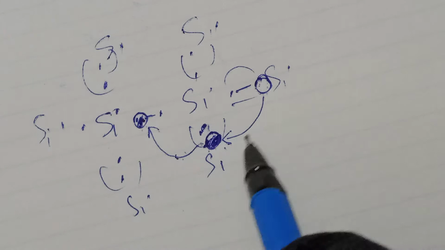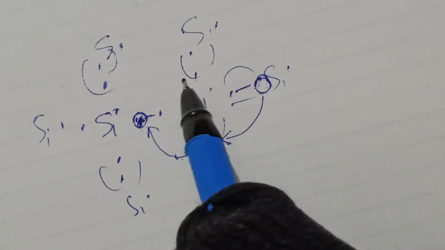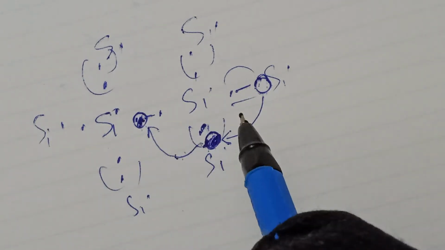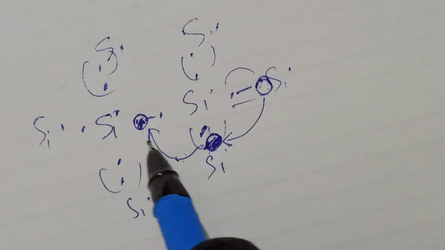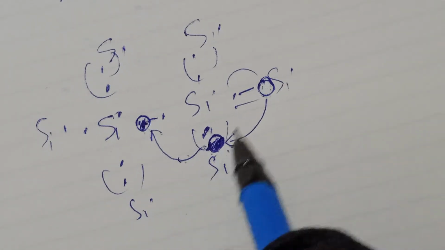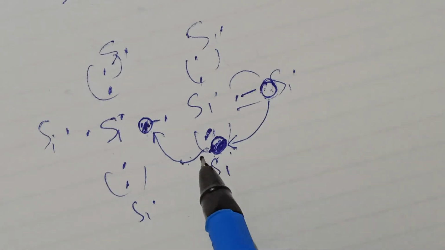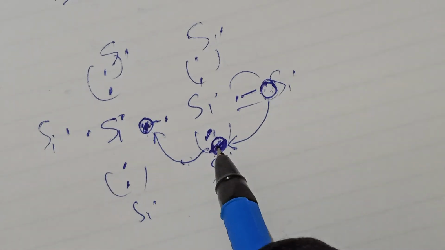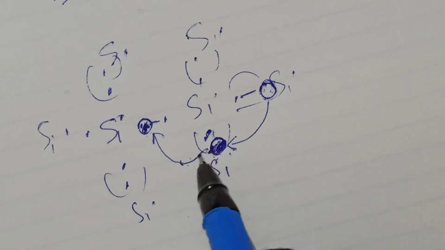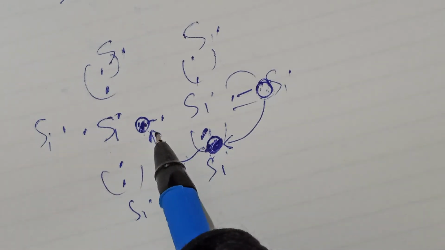The important point to be noted here is that bonded electrons are moving. A bonded electron which was available here shifted its place to this position, and the bonded electron which was available at this position shifted to this place.